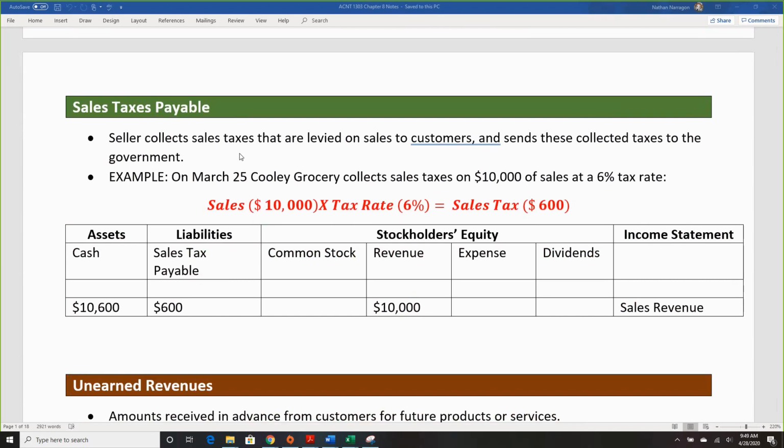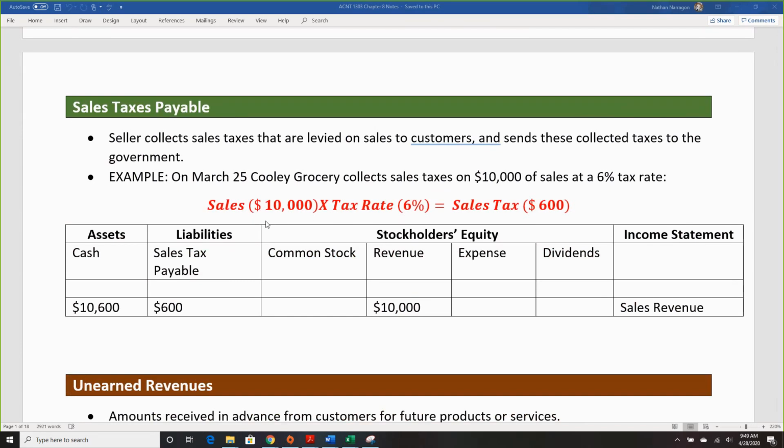So when we have sales tax, our example is Police Grocery, and they're going to collect sales tax on 10,000 of sales at a 6% tax rate. We're going to do this formula in red.